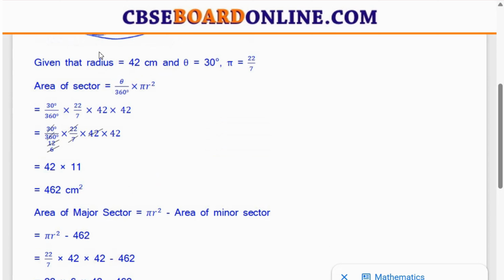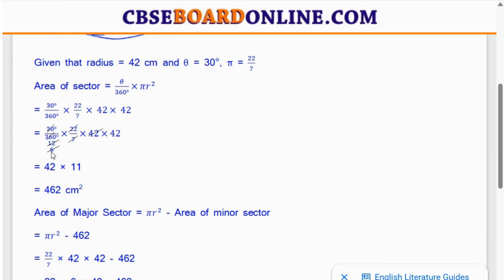So the area of the sector would be what? It is theta upon 360 multiplied by pi r squared. So we have this 30 upon 360, so this 30 is cancelled off by 12 times.